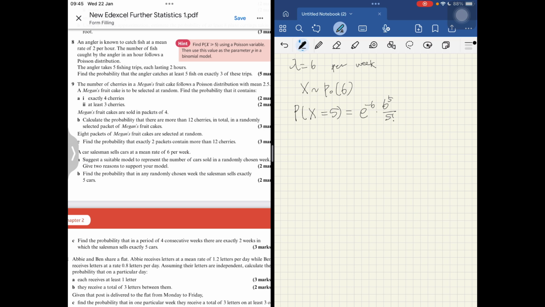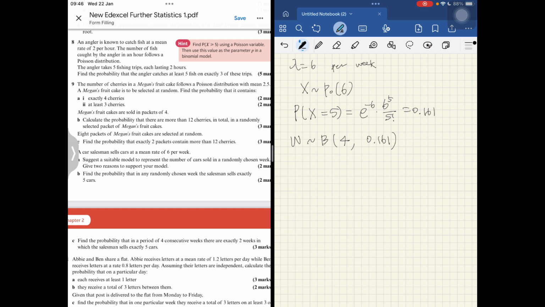So I need to calculate it. e to the power of negative 6 times 6 to the power of 5 over 120 gives 0.161. So part C follows a binomial distribution over 4 consecutive weeks, and the success is selling exactly 5.